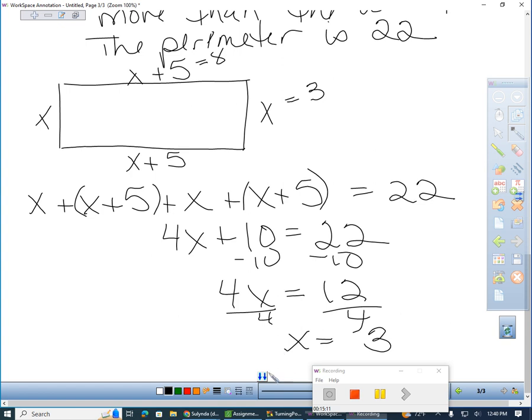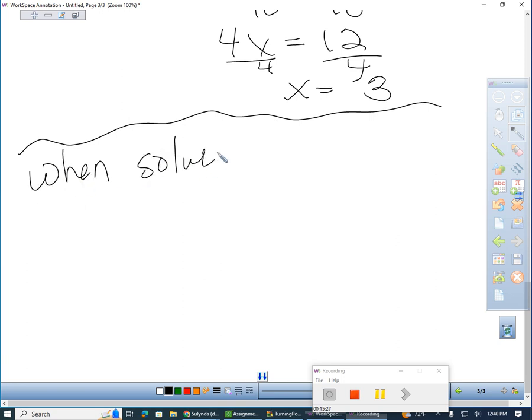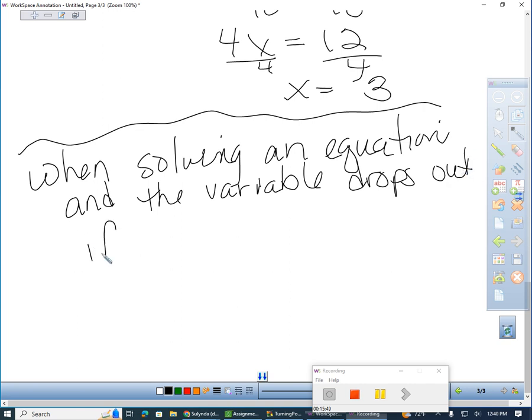All right, real quick, last thing I want to talk about, just a quick reminder. When solving an equation and the variable drops out, if we're just going to say C equals C, then that means that it's infinitely many solutions.